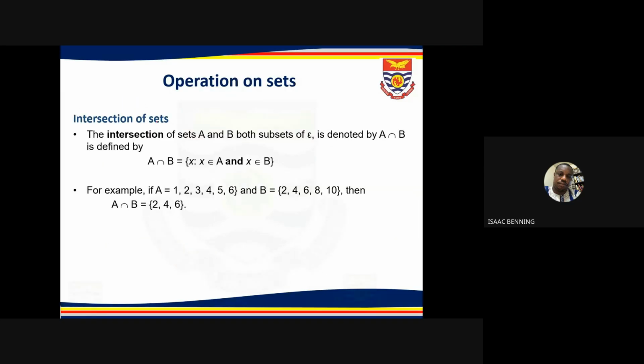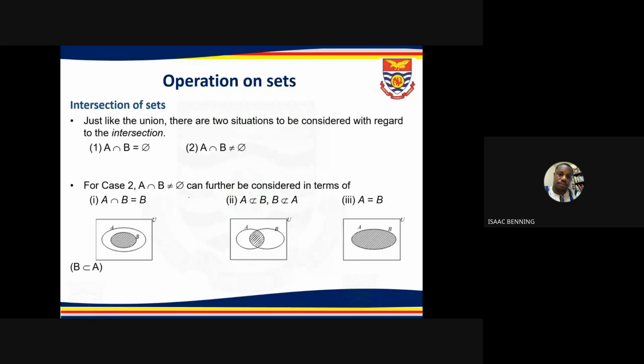The next operation of sets is the intersection. For intersection too, you are good at it already, so I will not talk about it, but we can have some cases. Just like the union, there are 2 situations to be considered when it comes to intersection of sets.